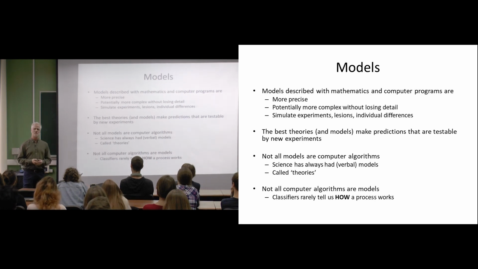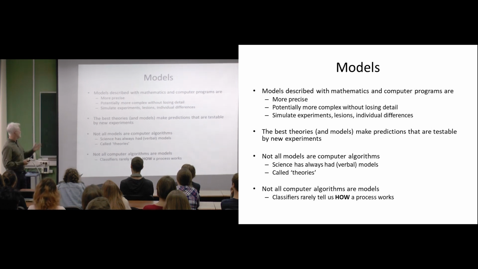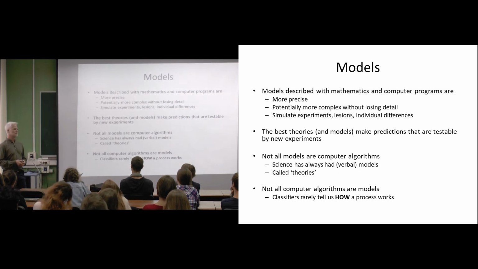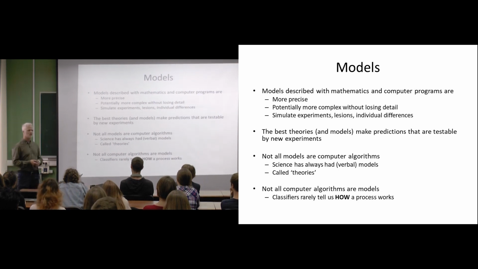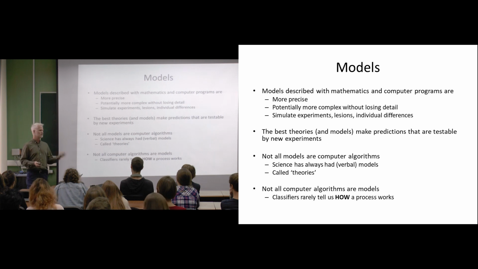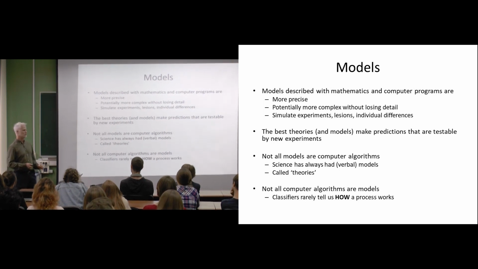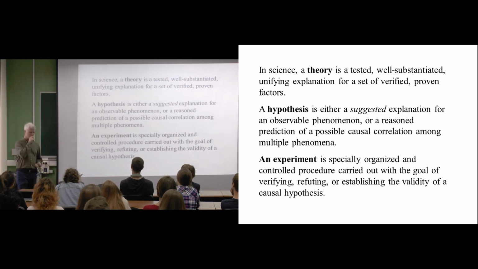I just prefer the computational ones. And not all computer algorithms are models. Classifiers have been doing amazing things these days in terms of spam detection, image detection, classification of faces, and so on. But they're not necessarily models unless they tell us how those things work within cognitive psychology. So that's the overlap that I try to get to.